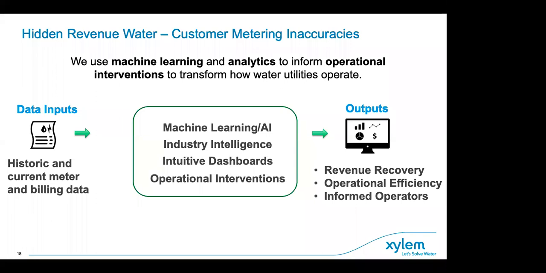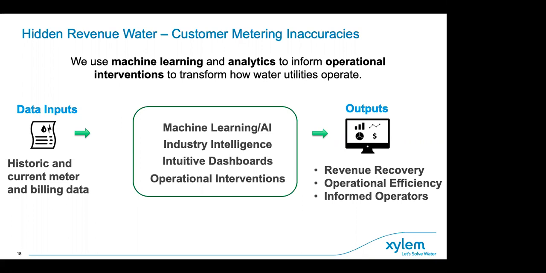We're inputting it into our algorithms within the machine learning environment. We're using all we know about the industry and meters in general, and we're delivering that back to you in a dashboard that's pretty easy to understand and directly informs how you should proceed to rectify the problem. And we will go over the dashboard a little bit later to show you how you engage with it.